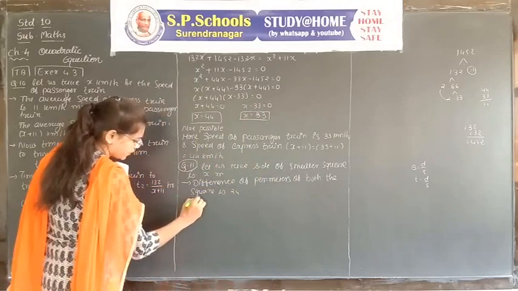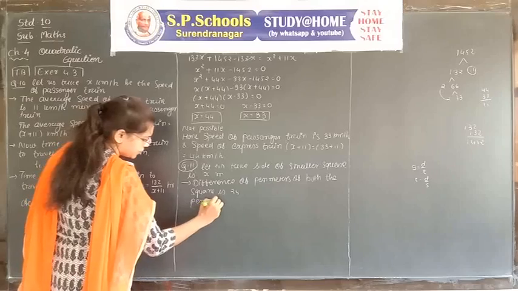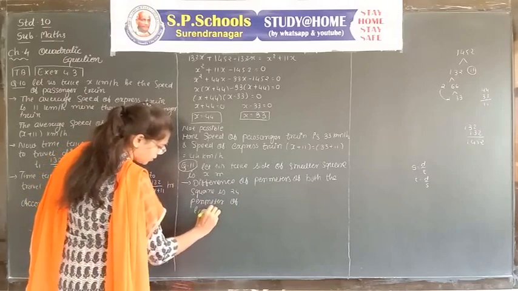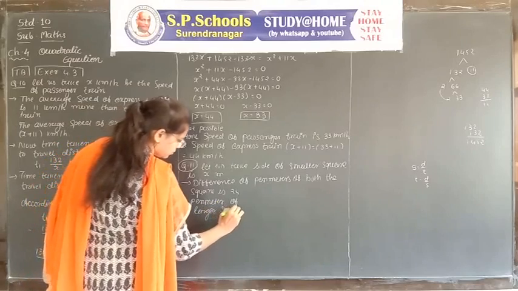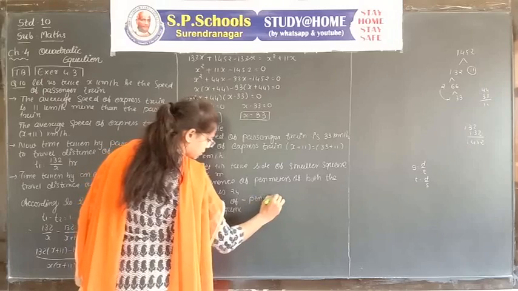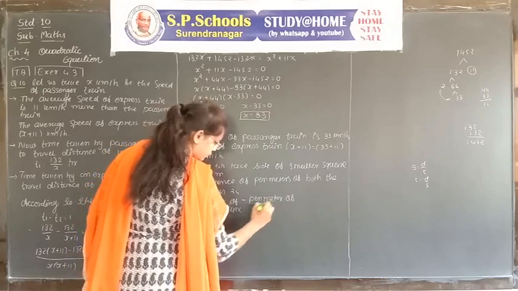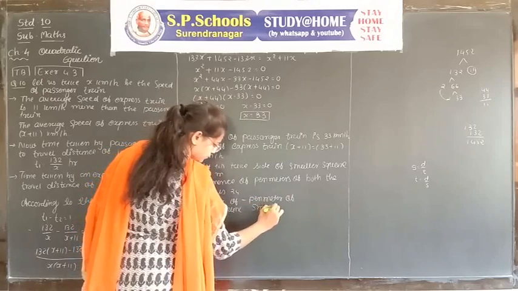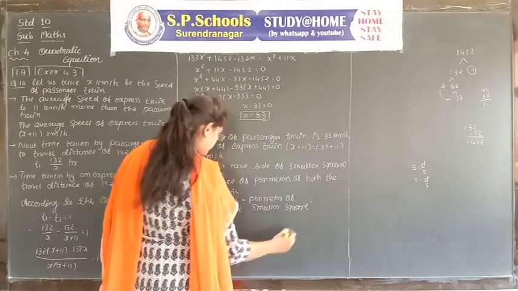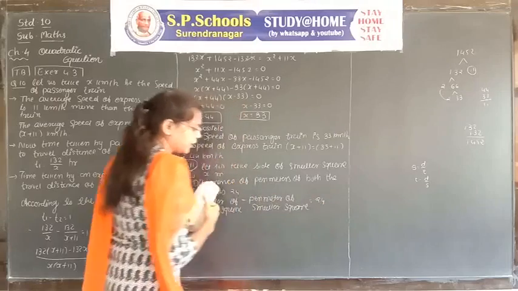That's why here we can write like this: perimeter of larger square minus perimeter of smaller square. The difference given is equal to 24.